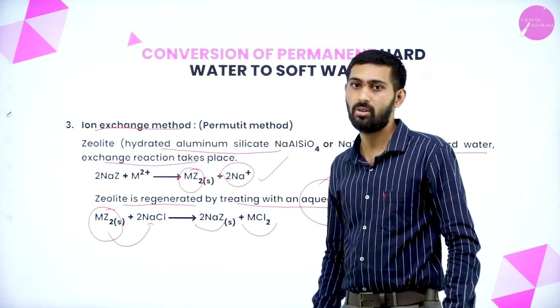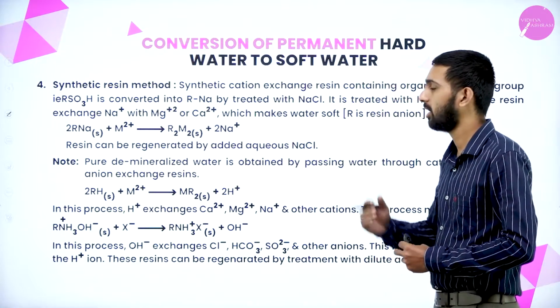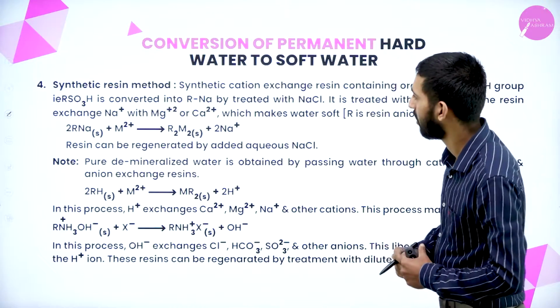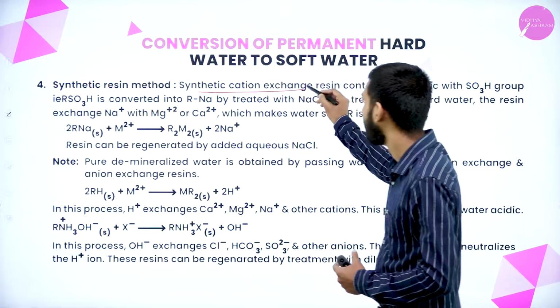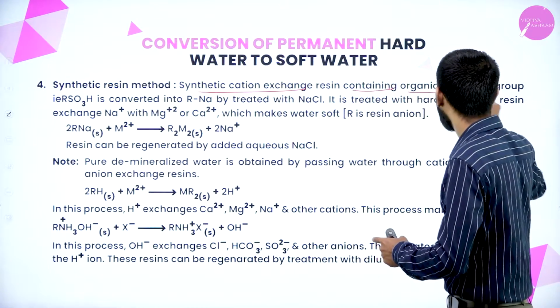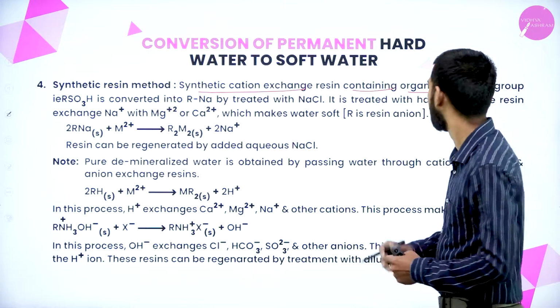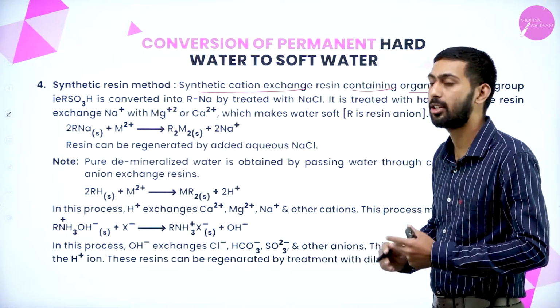Next thing is the synthetic resin method. Synthetic resin method means first the synthetic cation exchange resin, containing an organic group with SO3H. The HSO3 group means sulfonic acid group, RSO3H.